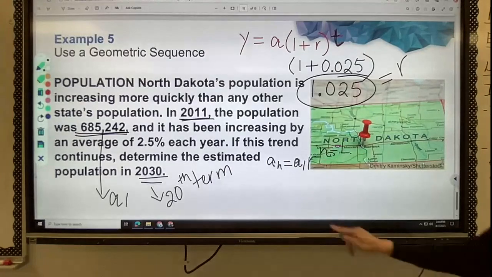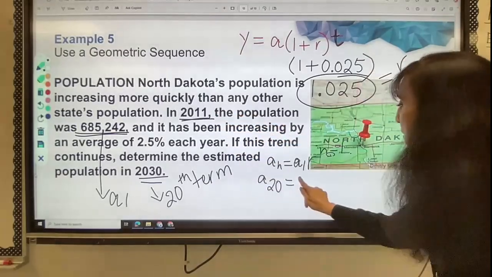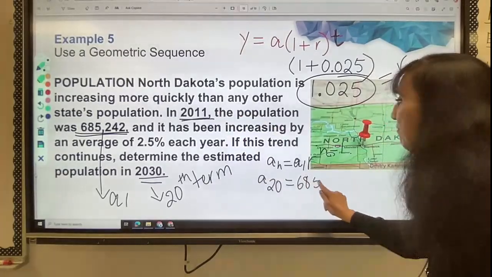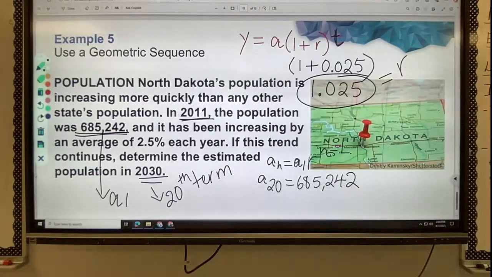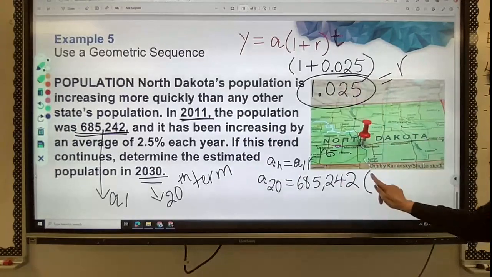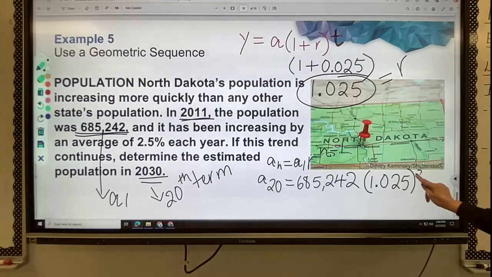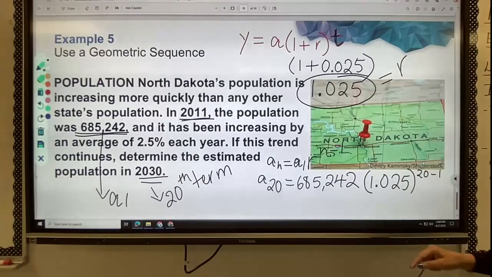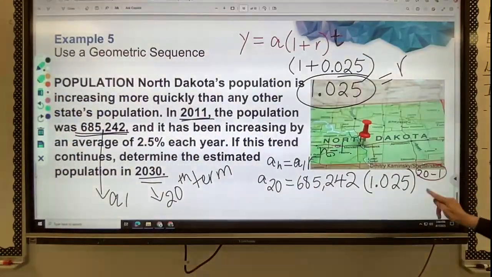And so my A20, for the 20th term, I have my first term, 685,242, times my constant ratio of 1.025, raised to the 20 minus 1. So what is 20 minus 1? I am going to get 19. When I calculate this part, I get 19. Okay, and that's my exponent.